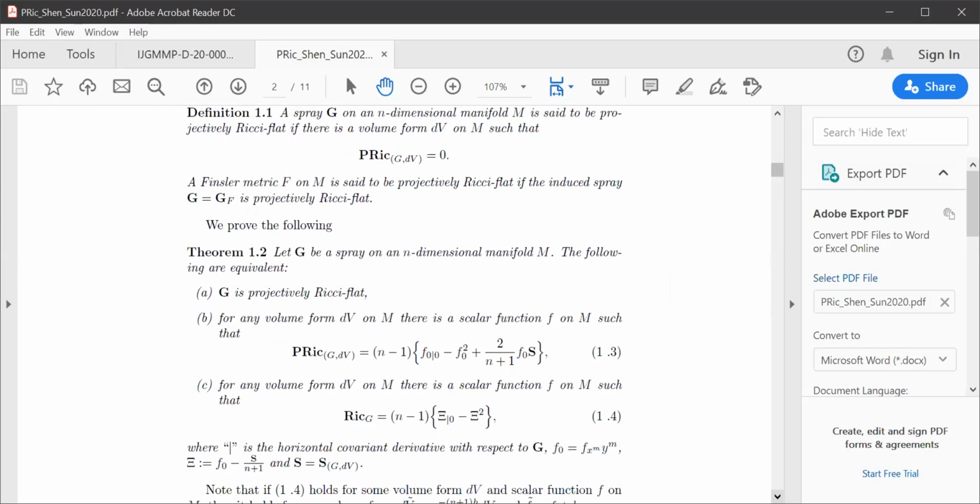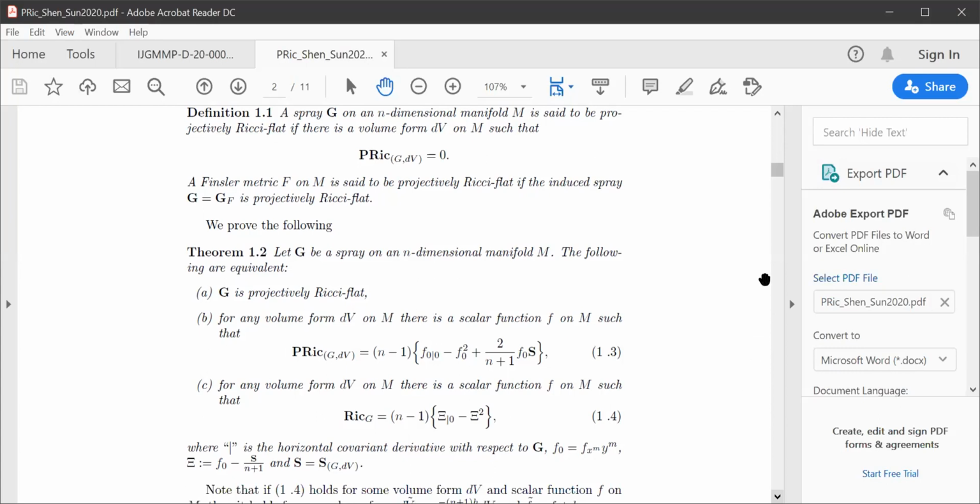That theta is expressed in the form df minus S of S over plus 1. So for any volume form, you can find some such function so that the Ricci curvature is given in this form. If the Ricci curvature is in that form, this kind of spray is interesting. It's not flat, but it takes a special form.